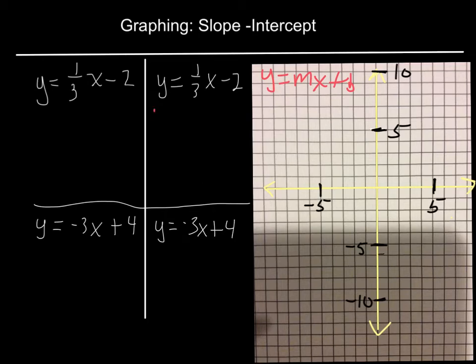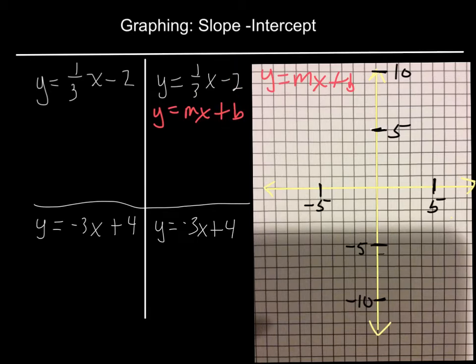So here, I'm going to say y equals mx plus b. The reason that's important to write it that way is because we see that this is the y and this is the x, which means m must be equal to the 1/3 and b must be equal to the negative 2. So notice that I included the negative with it, right? So the sign goes with the number.